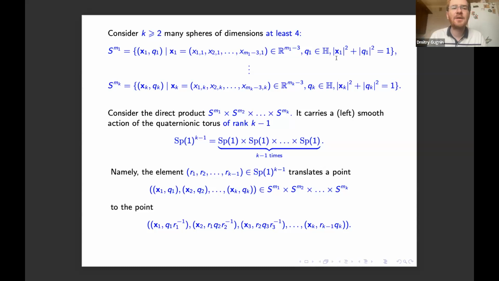So it is again a round sphere, and we again consider the product, and it carries a left smooth action of the quaternionic torus of rank k minus 1.